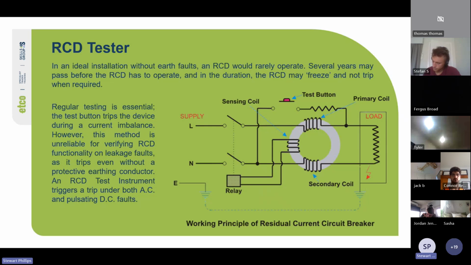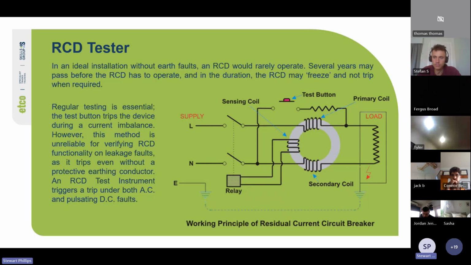Yeah, the working principle of the RCD there. You've got a sensing coil and a relay. Current flows through the live and neutral conductors, and because of the way the toroidal coil works, that round ring of metal you see there, basically a transformer, as long as the coils on both sides are equal, the magnetic flux through both is equal.